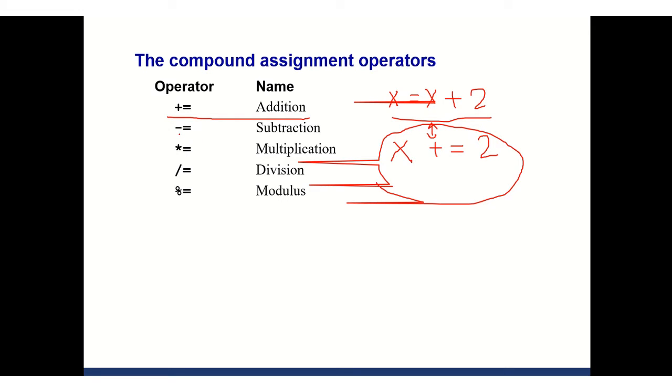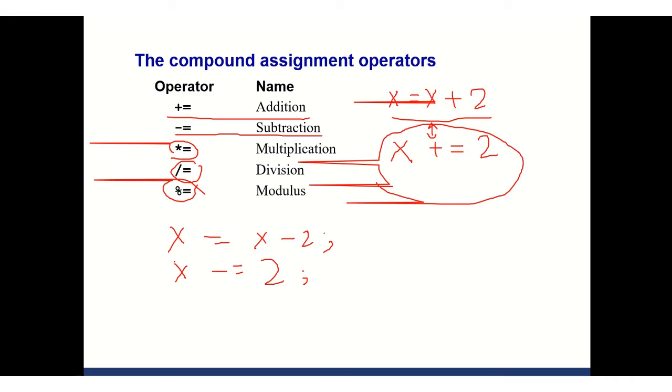Now, the same thing is available for subtraction. Let's say you write x equals x minus 2, and alternatively you can write x minus equals 2. They have the same meaning. That goes up to multiplication, division, and modulus.